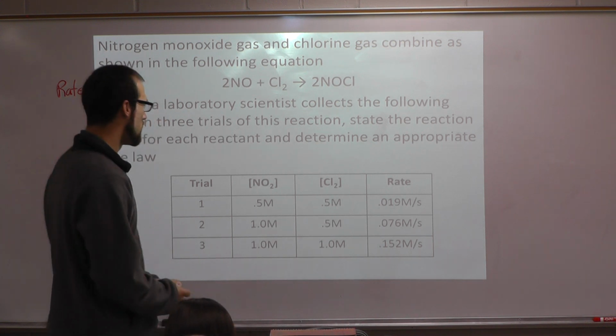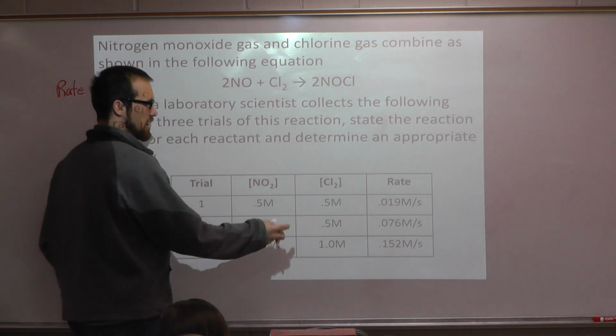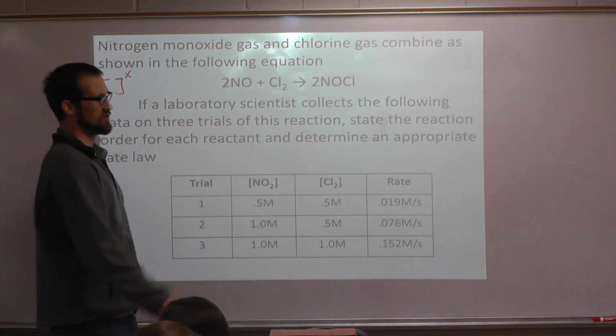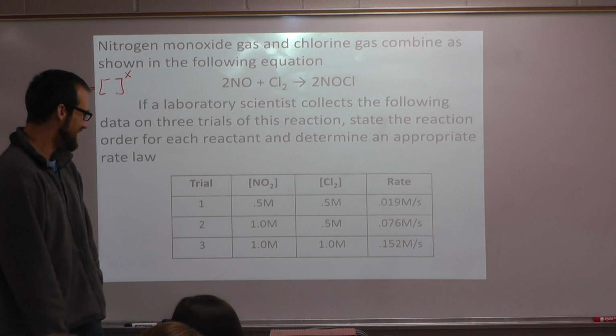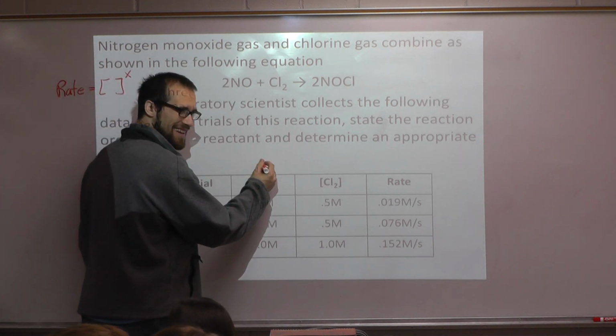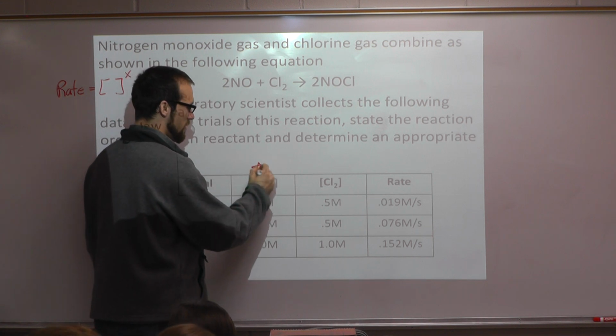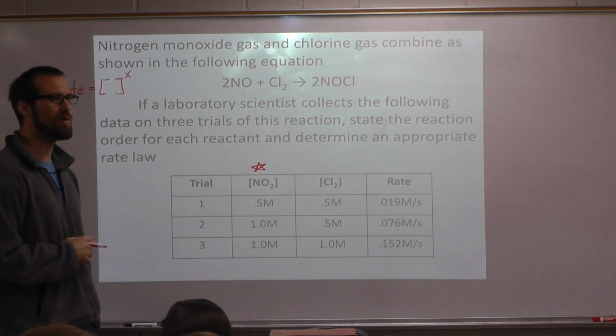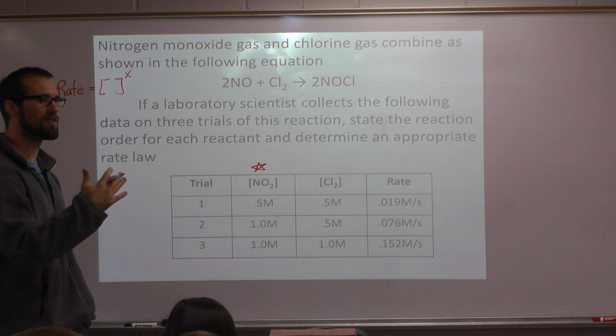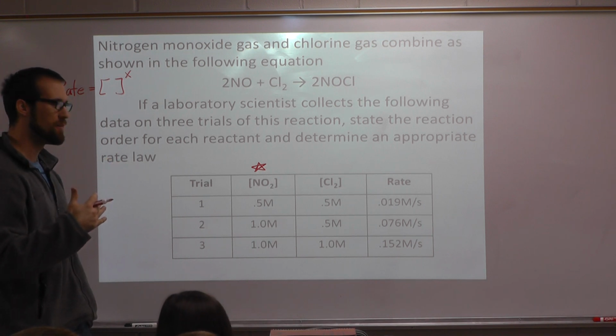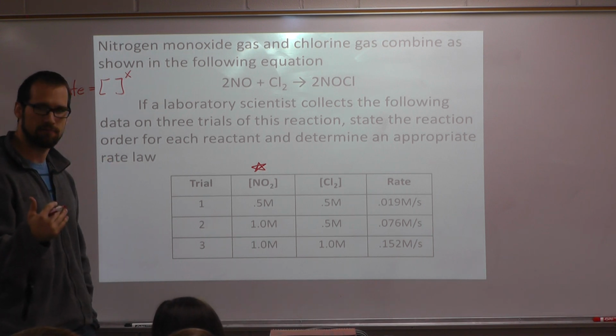Stay with me here. Which one do you want to find the order of first? You choose. Okay, so Rachel wants to find the order of NO2 first. If I want to find the order of NO2, wouldn't I want the concentration of NO2 to change, but the concentration of CO2 to not? Yes.